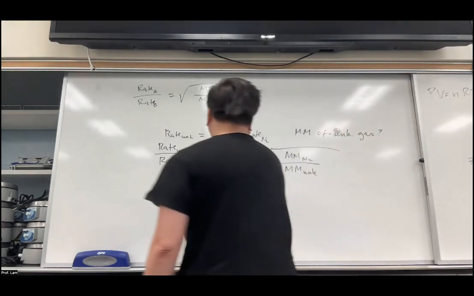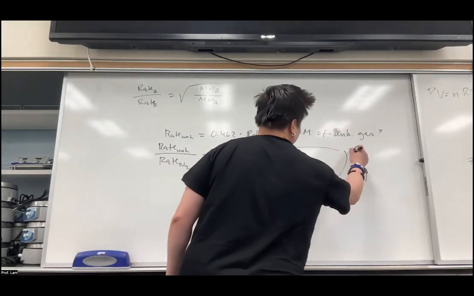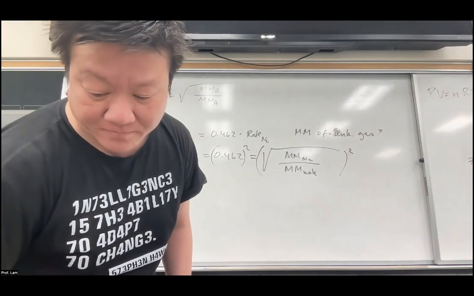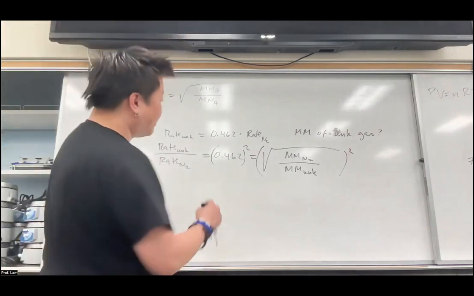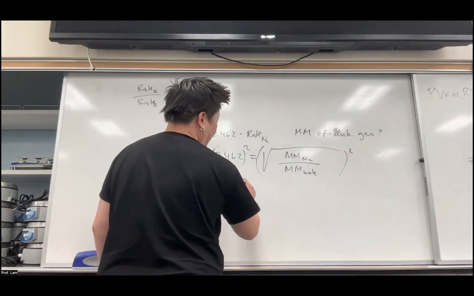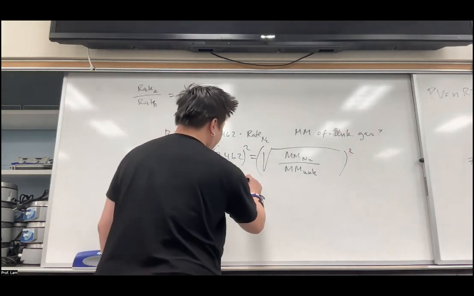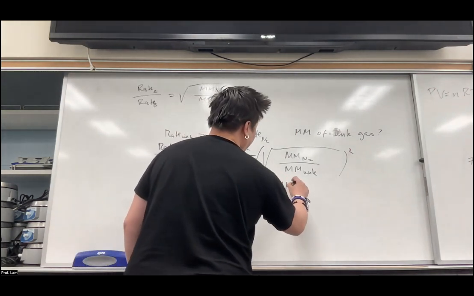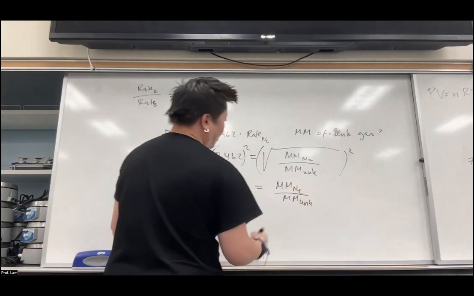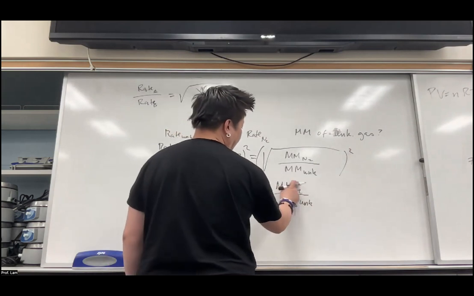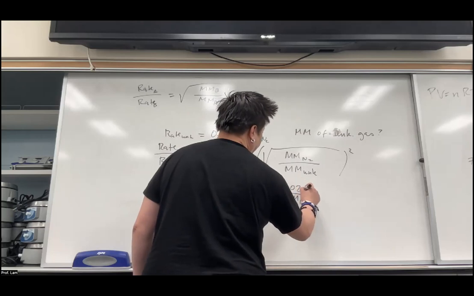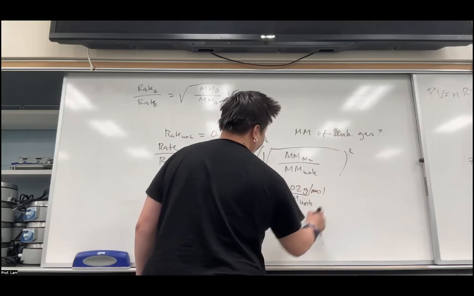So that means we have to square both sides first, right? So 0.462 squared is 0.213, which is equal to the molar mass of N2 over the molar mass of the unknown. And what's the molar mass of N2? 28.02 grams per mole.